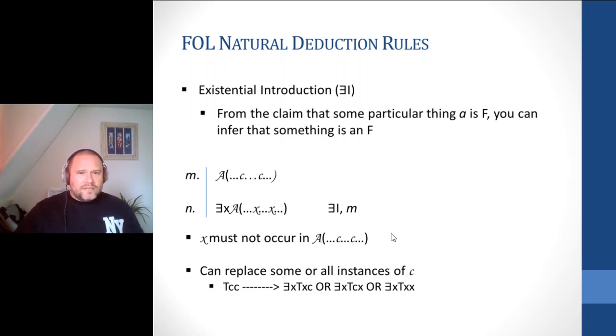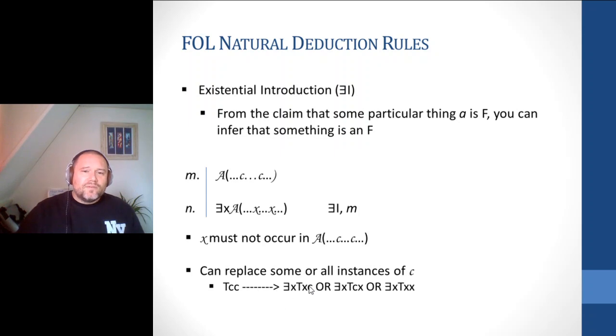Now what's neat is that because the existential is so flexible, you can actually replace some or all of the instances of a relevant name. So for example, if you had TCC somewhere on your proof line, then you could derive 3 different sentences from it.